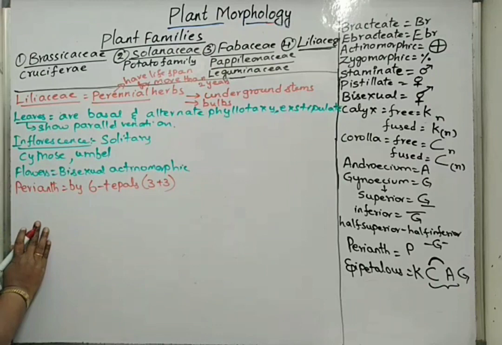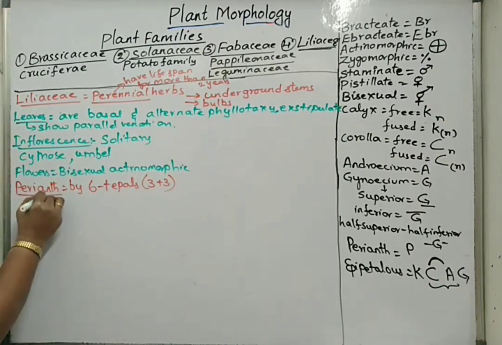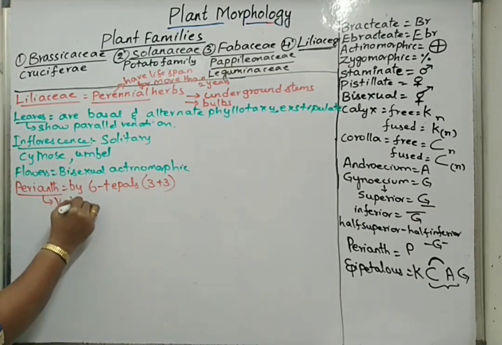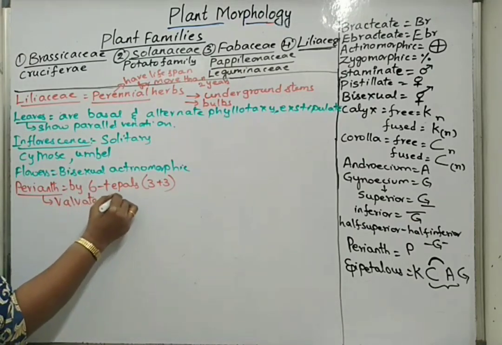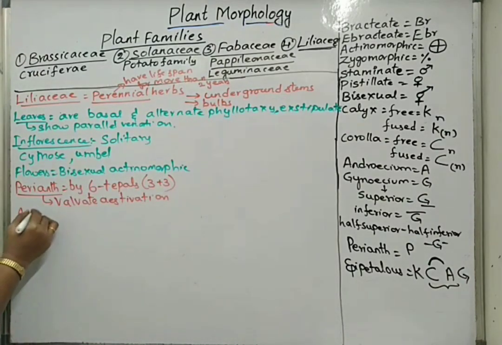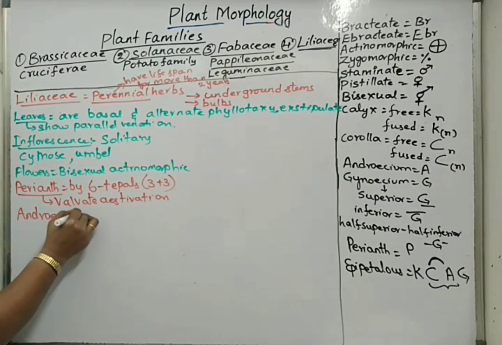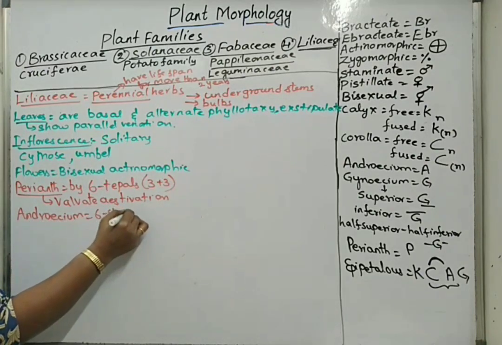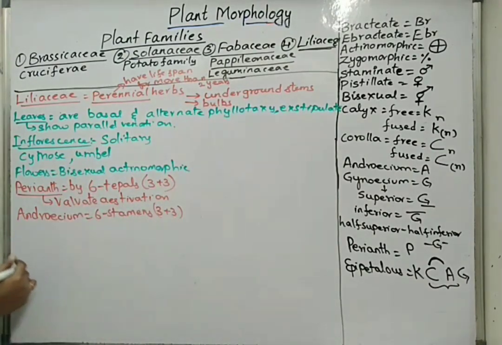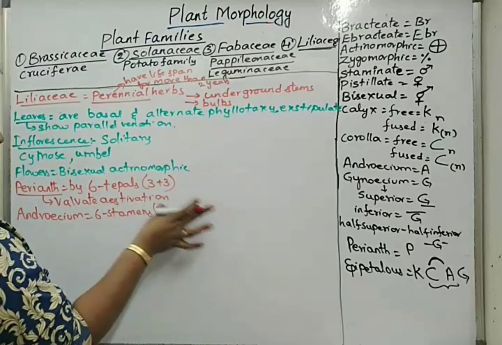Each whorl has 3 tepals. The arrangement of these tepals is valvate aestivation. Androecium shows 6 stamens, which are arranged in 3+3 manner. These are not fused.